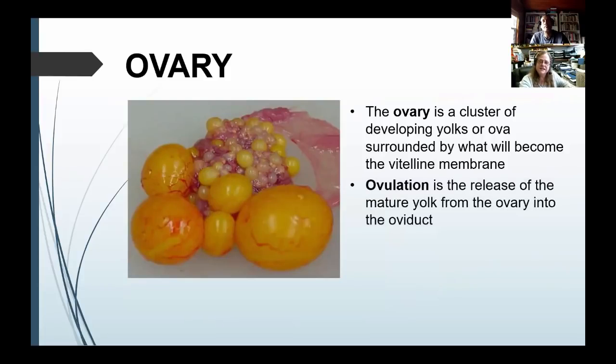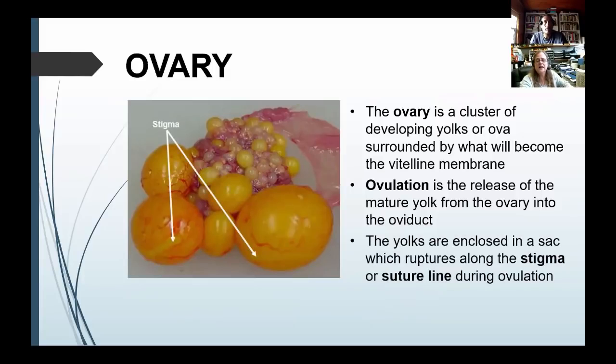And ovulation is the technical term for the release of the mature yolk from the ovary into the oviduct. And the yolk is enclosed in a sac which ruptures along the stigma, also known as the suture line, in ovulation. And to try and get an idea, I hope this will work.